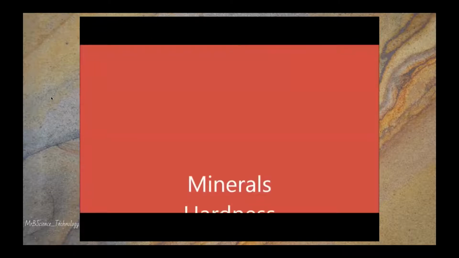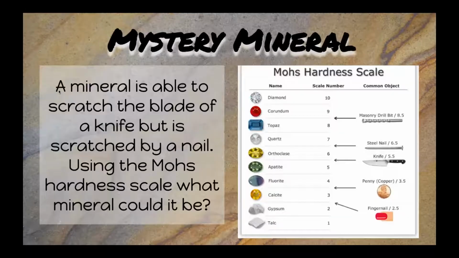But if she were able to take that diamond out, it would be able to scratch the corundum or the ruby. Okay. All right, so I have a question for you, and this is a mystery mineral. A mineral is able to scratch the blade of a knife, but is scratched by a nail. Using the Mohs hardness scale, what mineral could it be?